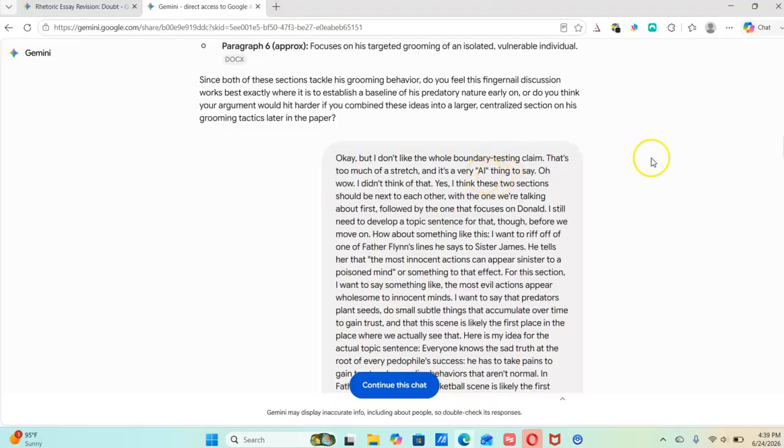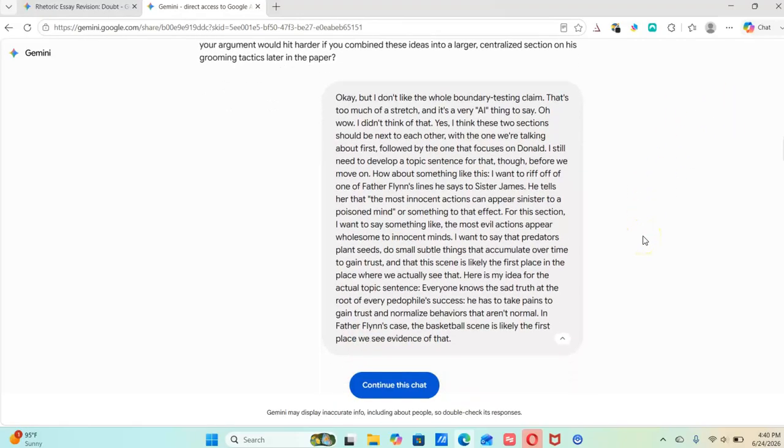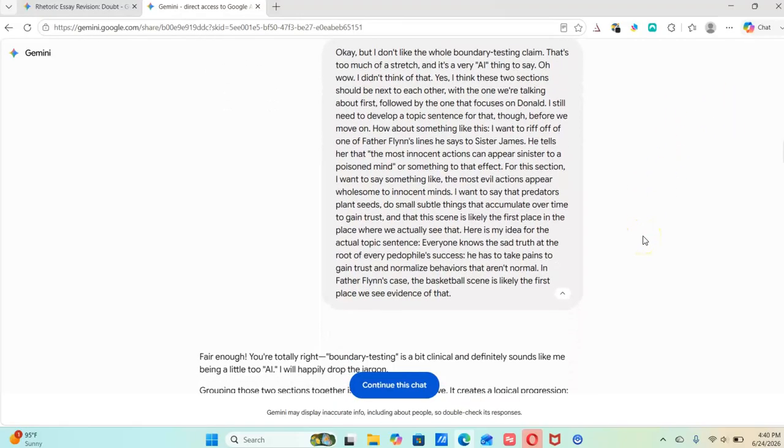Not that it's lofty or anything, but I would never frame it that way. I think it's a stretch to say that particular scene is testing any boundaries. I think I can make an argument that leans toward that, but I think I can frame it in a better way.